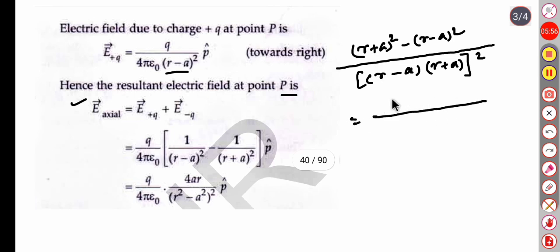In the numerator, this is a plus b whole square minus a minus b whole square, and we know that it is 4ab, so it will be 4ar. In the denominator it is a minus b into a plus b, so a square minus b square, so r square minus a square, and this is whole square. So if we simplify it, it will be 4ar by r square minus a square whole square.